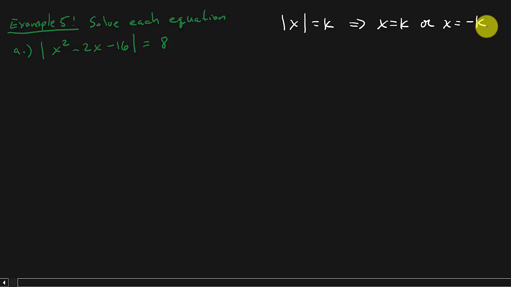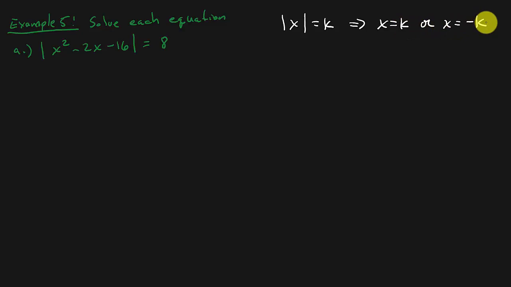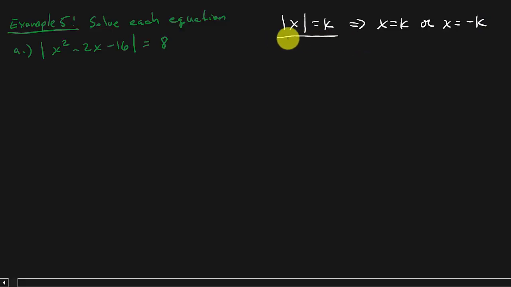Okay, so if you have the absolute value of something equals a number, then what's inside the absolute value equals that number, or what's inside the absolute value equals the negative of that number. All right, so let me show you the easiest way to do it. If you have this, you have to rewrite it into this in order to solve it.